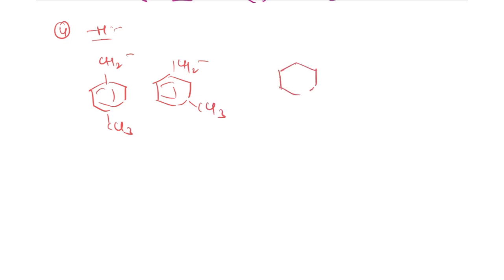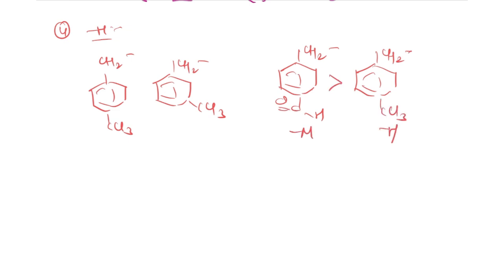Next we have CH2 negative, C double bond OH. Next we have CH2 negative, CCl3. So this is the most stable, minus M, and this is minus M. This is minus M and this is minus I. So minus M is more stable as compared to minus I, but here minus M is more over that.